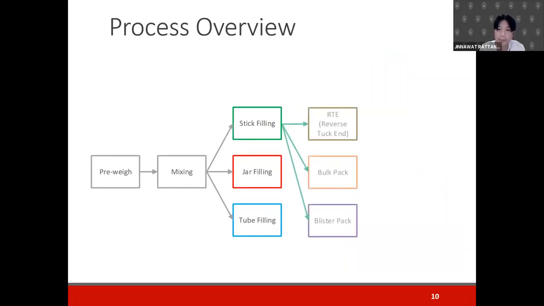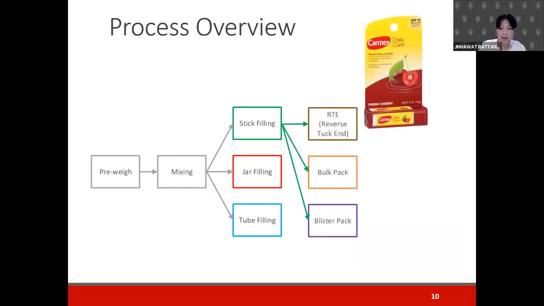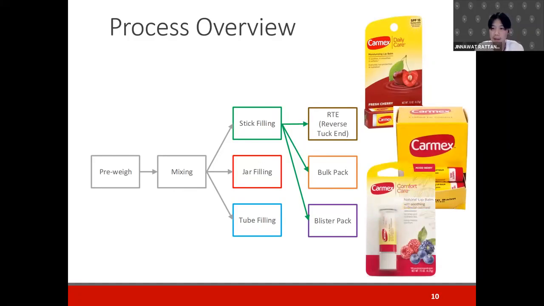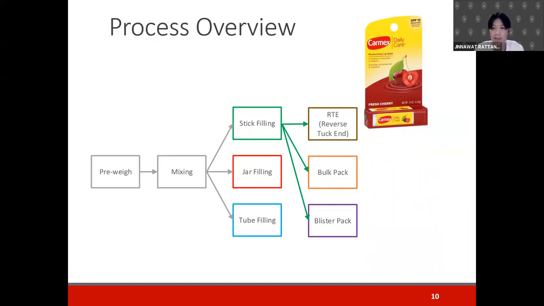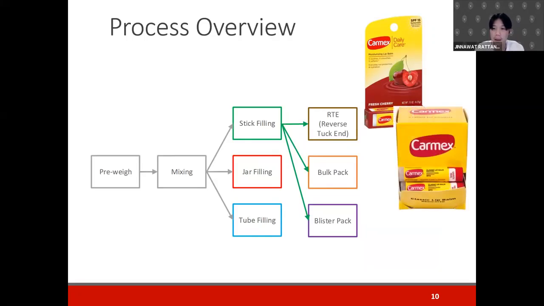Stick filling contains three types of packing, which are RTE, reverse tuck end, bulk pack, and blister pack. So the packing which you have seen, this one is the blister pack, and this one is the bulk pack.